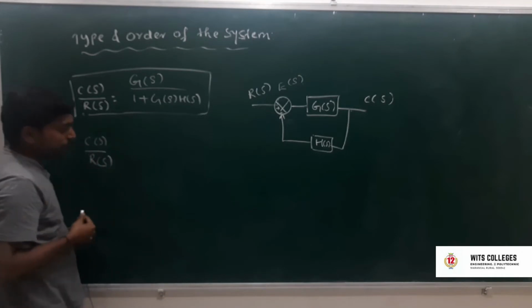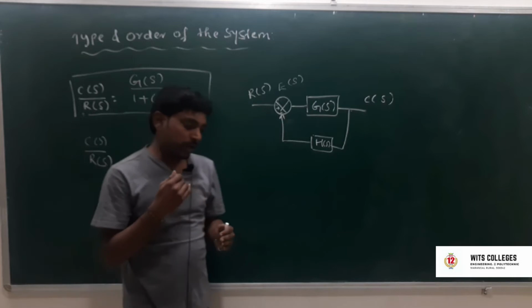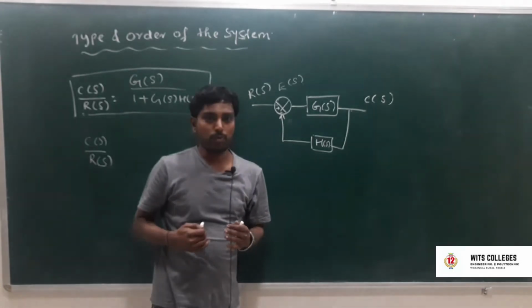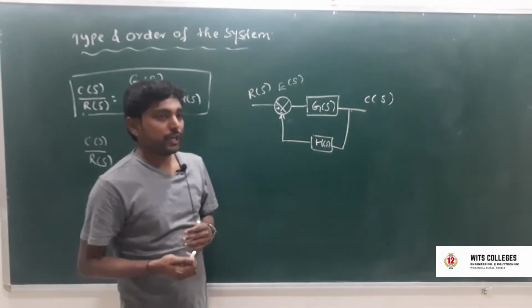Please remember one thing: in a transfer function, the denominator always consists of poles and the numerator consists of zeros.